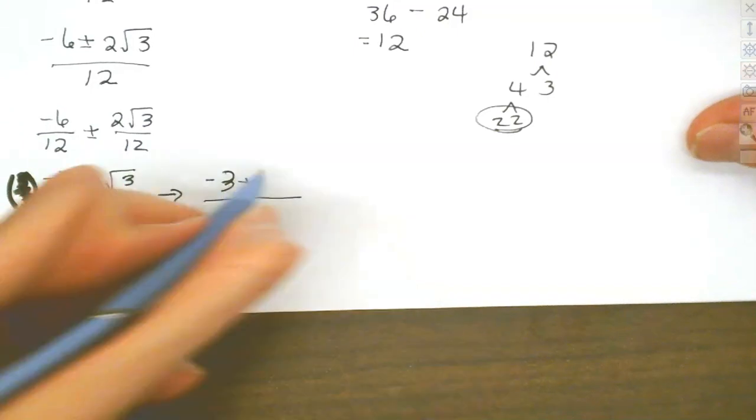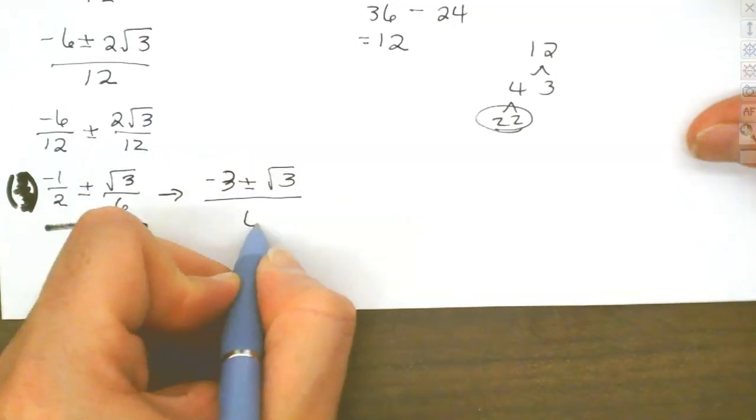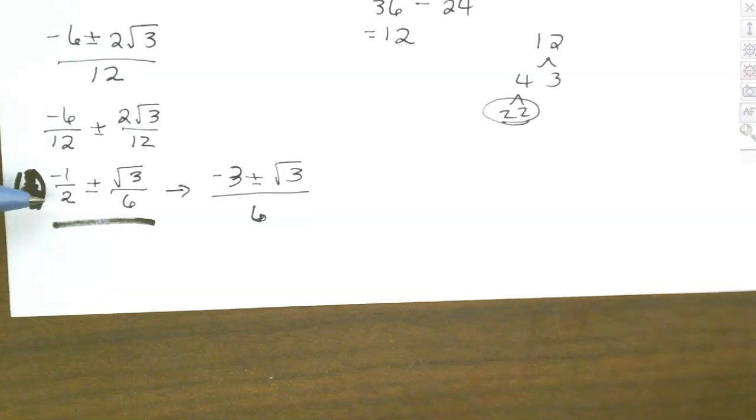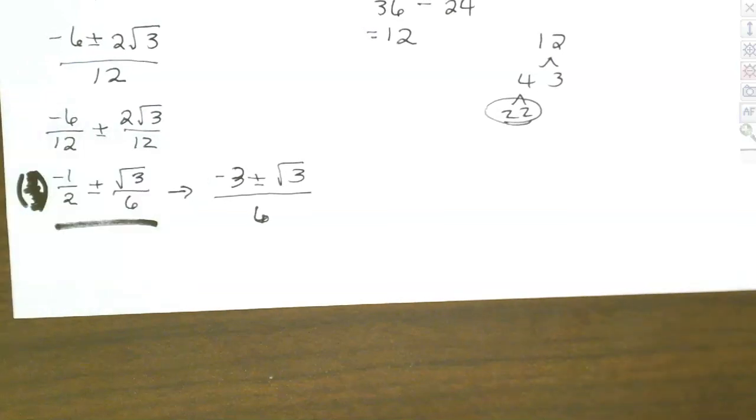Plus or minus square root of 3 over 6. And that should be one of the choices there. If you didn't have choices, this is okay too. This is the same as that, it just looks different. But that should be one of your answer choices. And that looks like it's going to be answer C, doesn't it? So that would be answer C there.